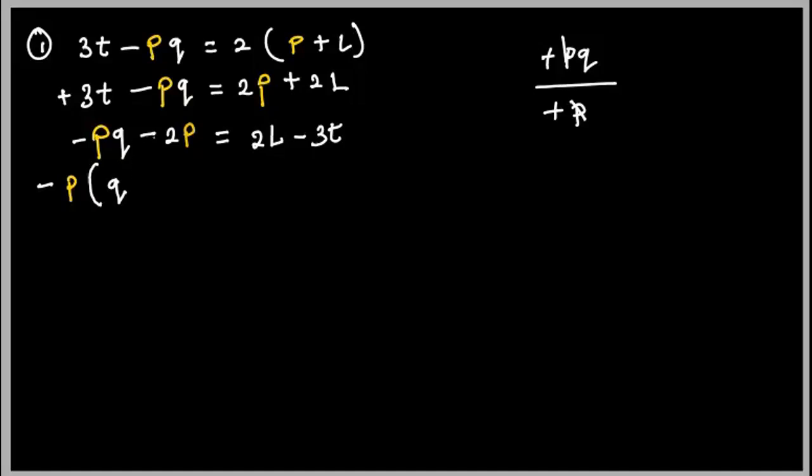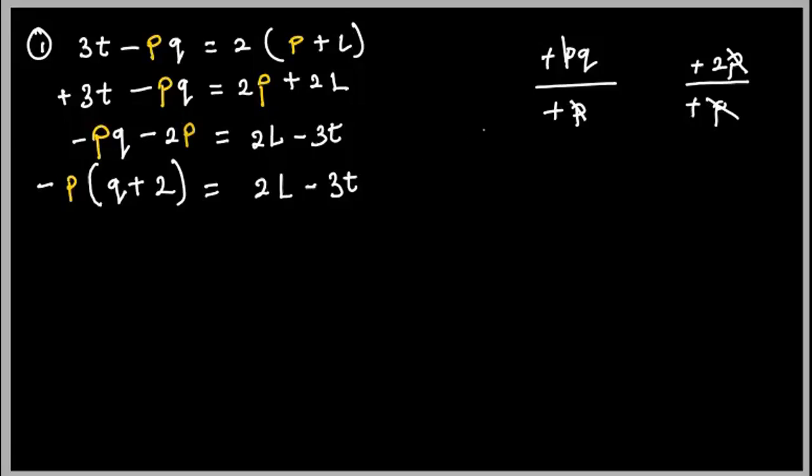Also, do the same thing. The second term here is minus 2P. Minus 2P should be divided by this common factor minus P. Minus divided by minus gives plus, we cancel P, and we have plus 2 left. Then we place the bracket. So I'm then factorizing. On the right hand side we have 2L minus 3T.